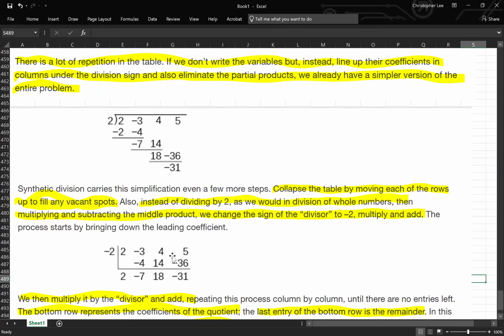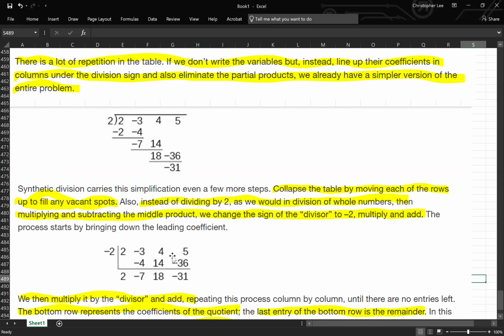Now, negative 2 times 18 is going to give you negative 36. Then you just add straight down, and you get negative 31. Negative 31, once again, is my remainder. If it was 0, then we could say it was fully divisible, a factor.